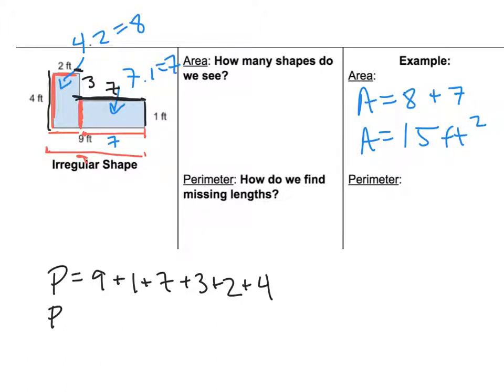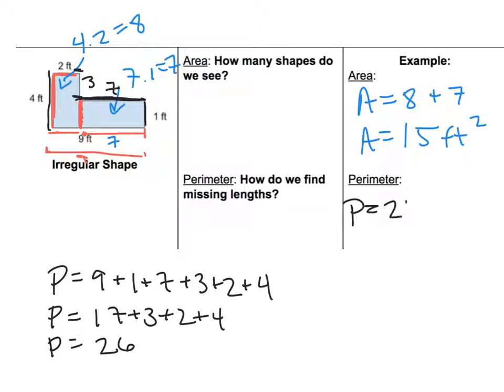So I'm going to work my way through that. 9 plus 1 is 10, plus 7 is 17, plus 3, plus 2, plus 4. 17 plus 3 is 20. 20 plus 2 is 22, plus 4 is 26. So my perimeter is 26 feet. Now make sure as you guys are writing these out in your notes, I know that mine are sort of scattered, please make sure that you include all of this being written down, not just the answer.